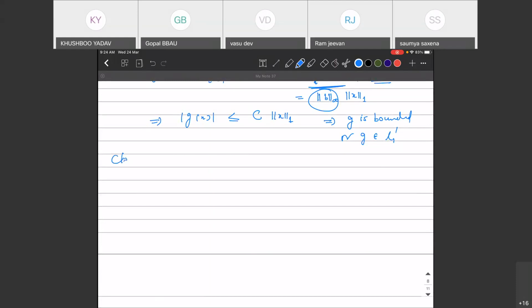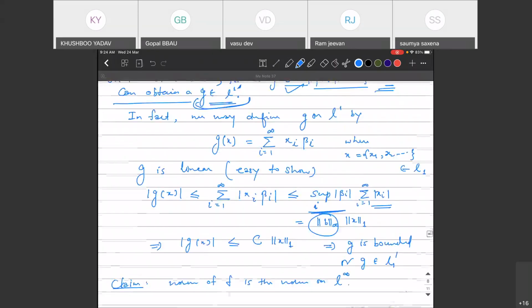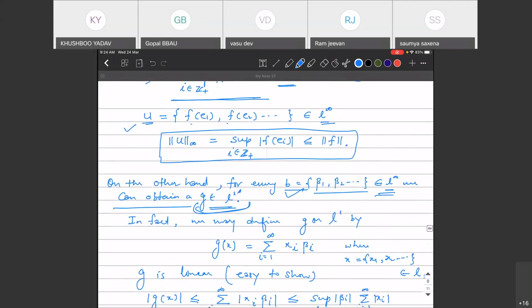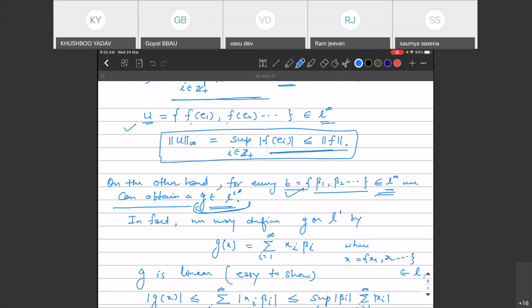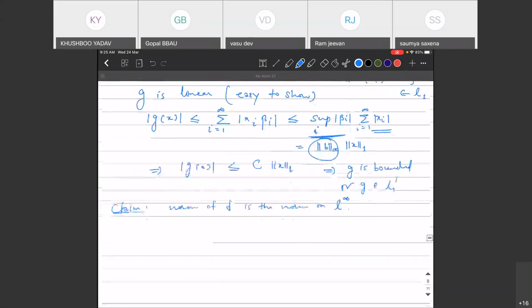So now we claim that the norm of F is the norm on L infinity. One part we have already shown, that this is less than or equal to this. If we prove the other inequality, that is, norm of F is less than or equal to the subnorm, then both are equal. So let's do that.